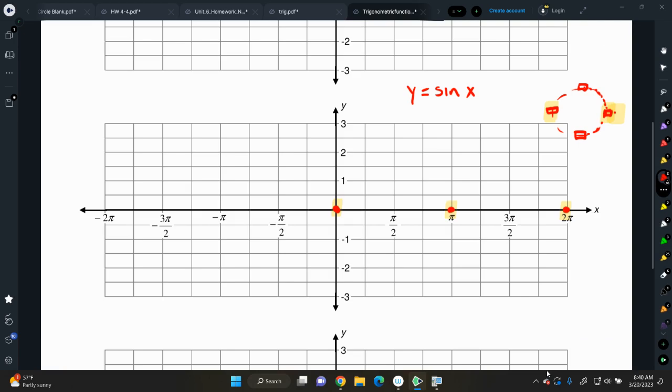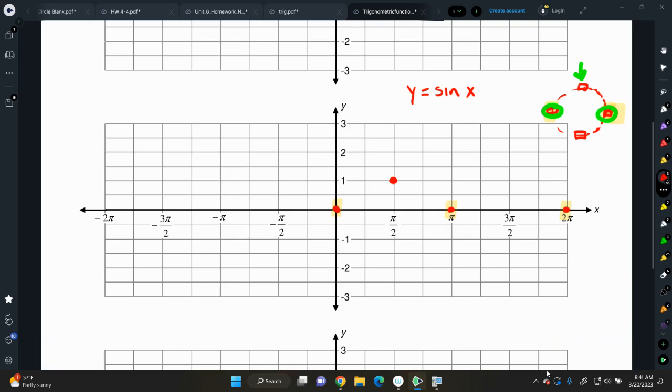So we take our period, put our zeros there, and then we cut it in half and put a 0 there. Now, in between these two zeros, I reach my maximum height, halfway in between. What's the maximum value of sine x? 1. So in between, I reach a maximum of 1.